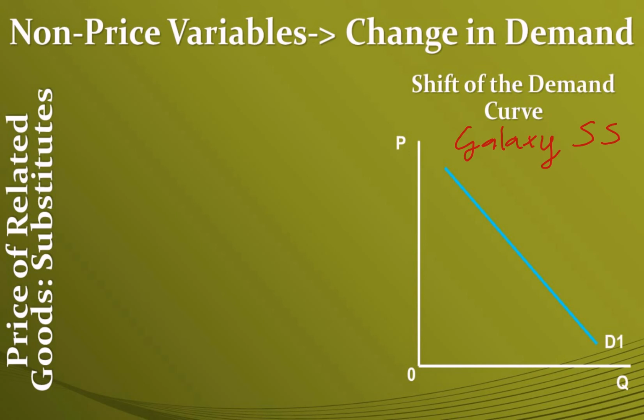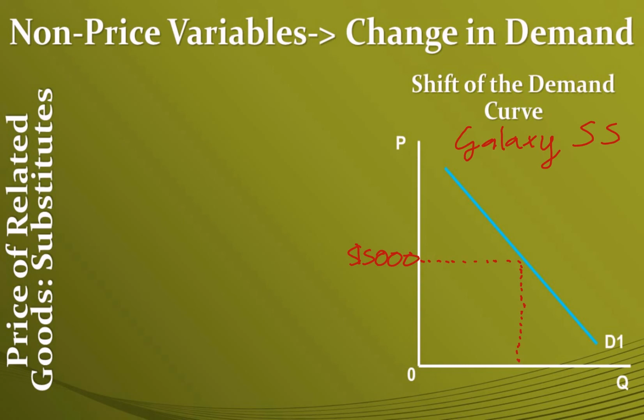Let's imagine that the price for this Galaxy is 5,000 pesos. Okay, the particular price. And for that price you have a certain quantity demanded. If the price goes up, the quantity demanded is smaller. If the price were to go down, the quantity demanded of Galaxy S5 is higher. The quantity demanded is larger.